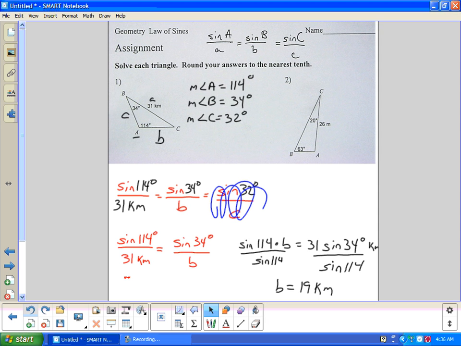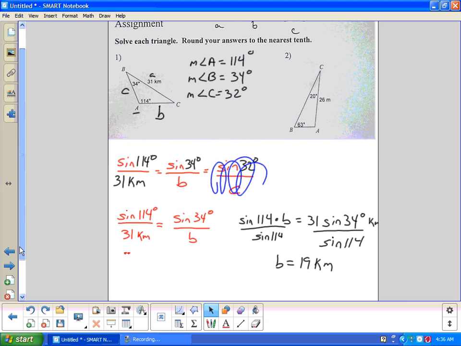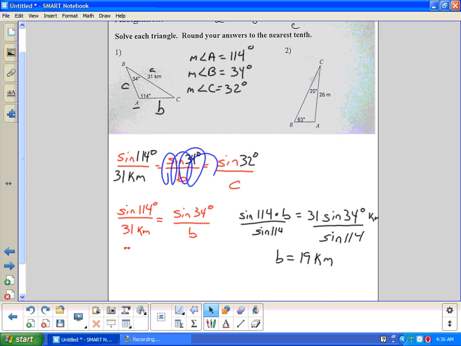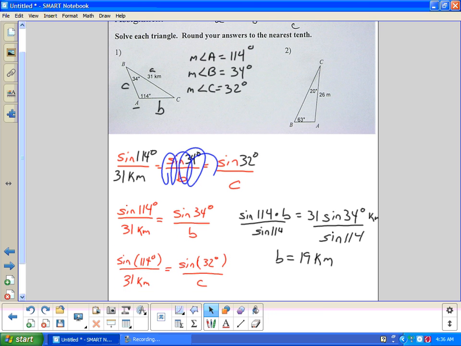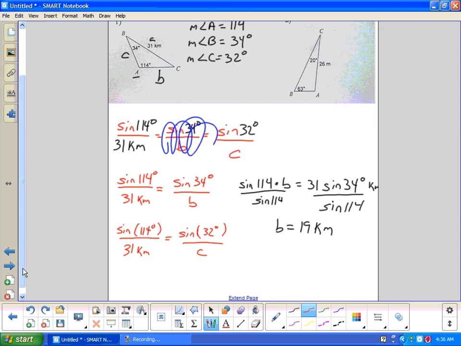Well, that's great. Now if I move that squiggle over onto this, we can see the other ratio. And again, it's the same thing. So we can write these two down here on the one I just made. And again, we can cross multiply and divide. So I cross multiply, these become multiplied again. So c is going to be 31 sine 32 degrees kilometers on top.